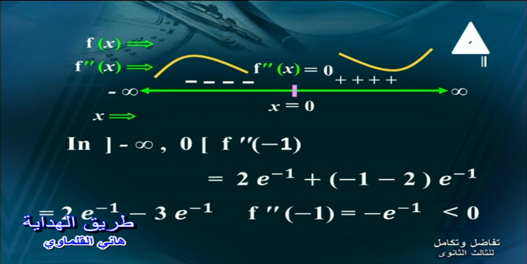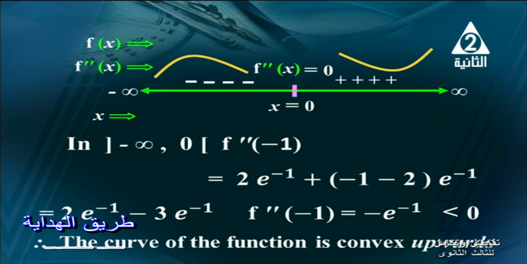Negative e power negative 1 is a negative value, smaller than 0. So the sign of f double dash x in the open interval negative infinity and 0 is negative, and the curve of the function in this case is convex upward.